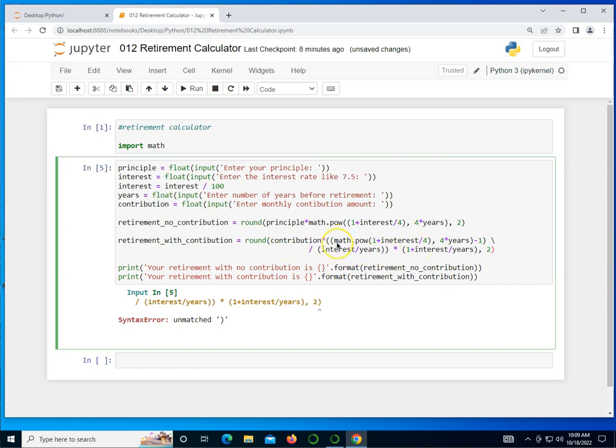Contribution. I've got these two opened up, so that's correct. Oh, I misspelled interest here too. Divided by that, and that's 1 plus interest divided by that. 4. This is for that one.